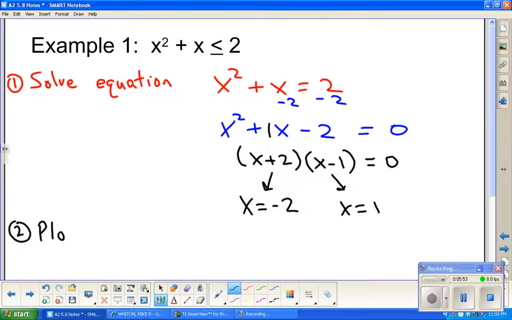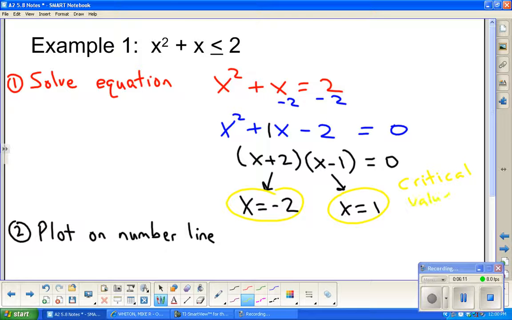Plot those values on a number line. Okay, these two answers that we got, we call them critical values. They're going to get plotted just on a number line.